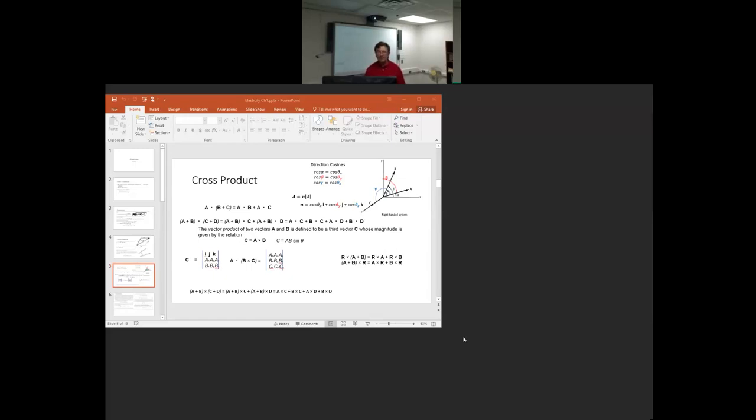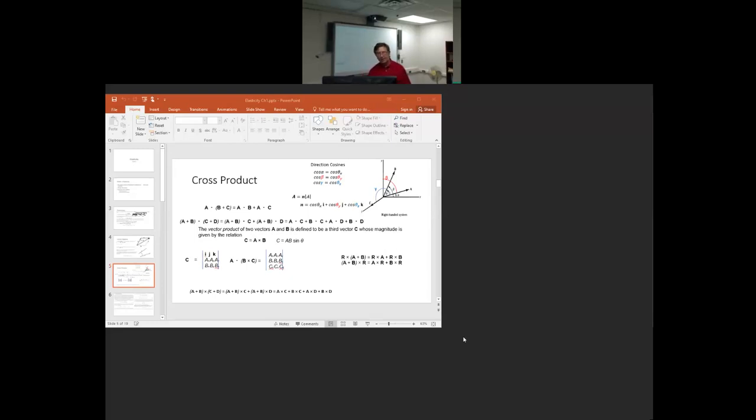And if you take the determinant, the normal way for a 3 by 3 matrix, then you find the components of C in component form, which is like A y B z minus A z B y times i, and so on, with each term grouped together by components i, j, and k.